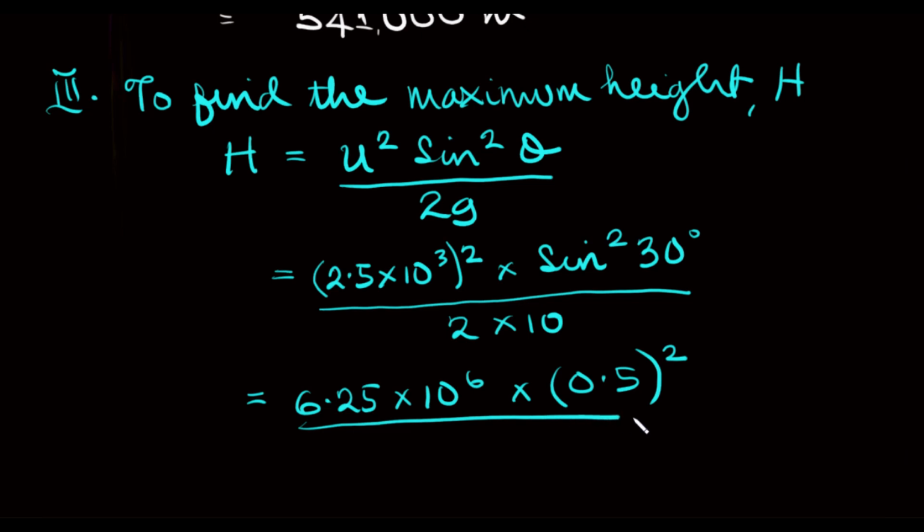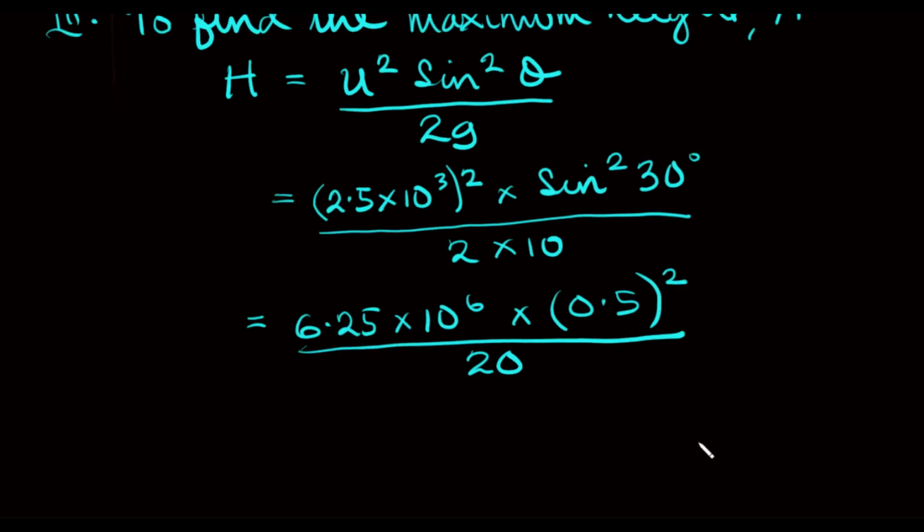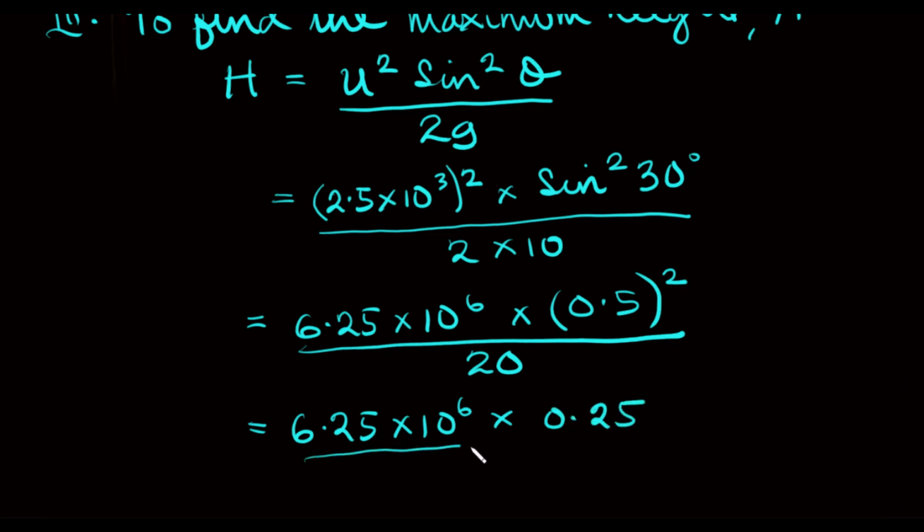So all over 20. Evaluate this, we obtain 6.25 times 10 raised to the power 6 times 0.25 all divided by 20.